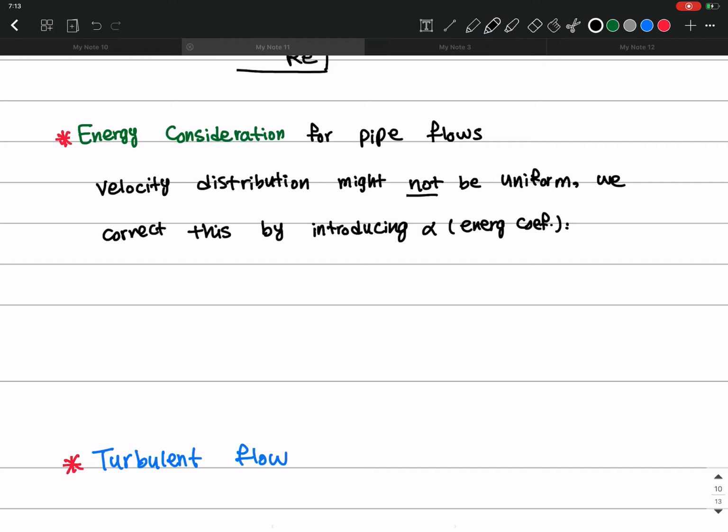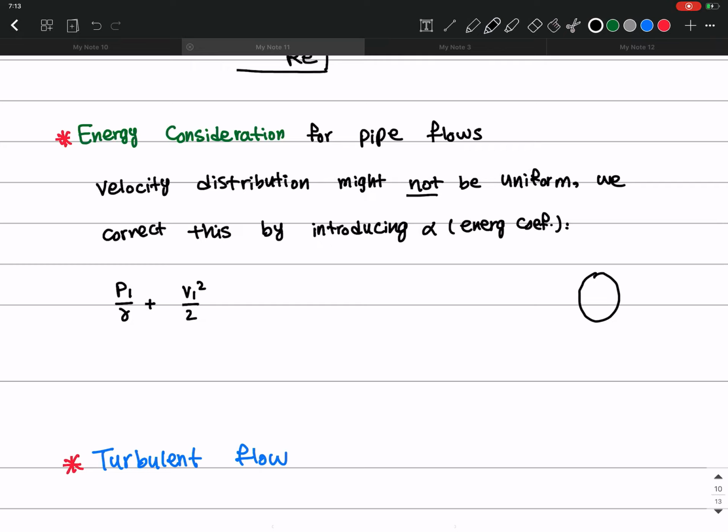So if you remember, the energy equation was P1 over gamma, and now for the kinetic energy part, instead of writing V1 squared over 2, because we assumed that the velocity distribution, for example, in a pipe was uniform. It was not changing, right?